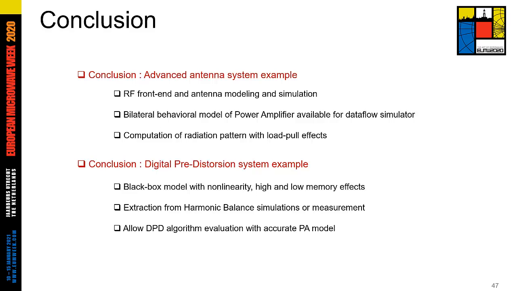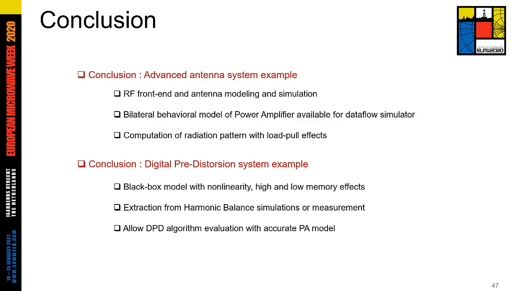So to conclude, we have seen two examples of behavior models applications, allowing system designers to understand the interaction between the front end and the antenna on the one hand, and the design of a linearization system on the other hand. The model of the first example is focused on the capability to predict the performance of the PA under load pull effect that allows to predict the correct radiation pattern.